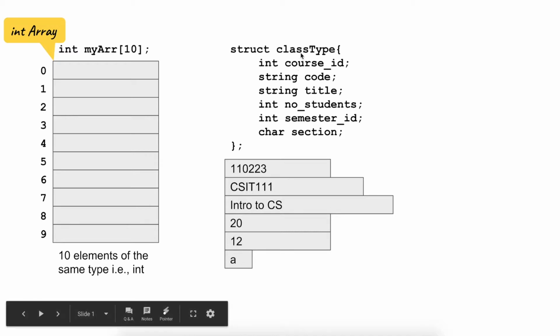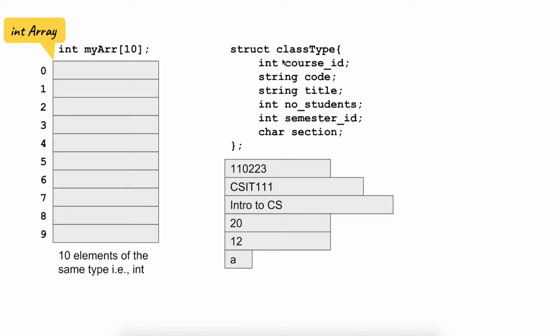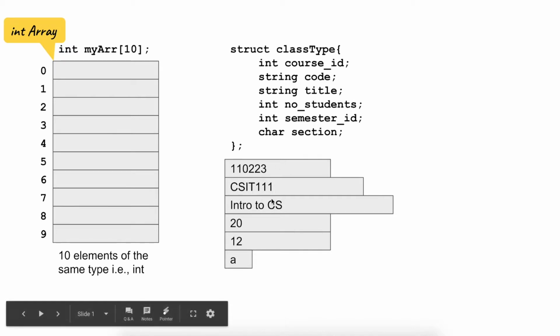So this is class type, and all of this information is related to a class. You can see I've filled the memory locations here. Right now, this is just the definition of a structure, which means that there is no memory allocation at this point, unless I assign these values, and that is when the memory is actually allocated. So this is what the memory looks like.